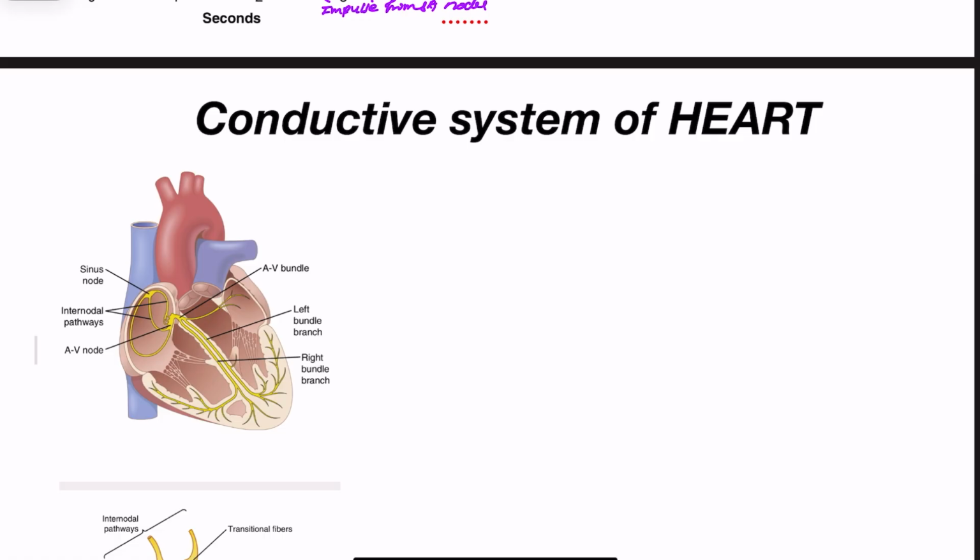Today we will also deal with what the AV nodal delay is and how it is advantageous for us. In a general nutshell, if we think about how the impulse is transmitted throughout the heart, it will be like this: in the SA node, the impulse is generated, then it travels to the AV node.